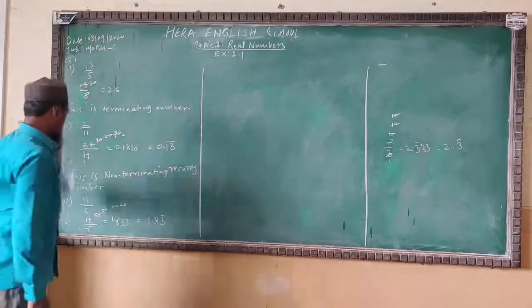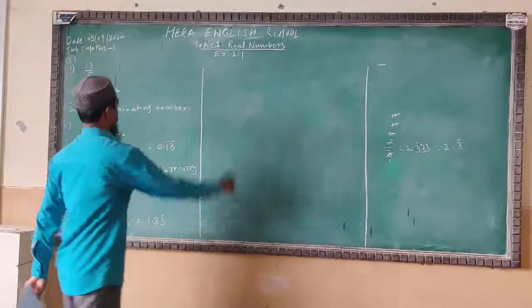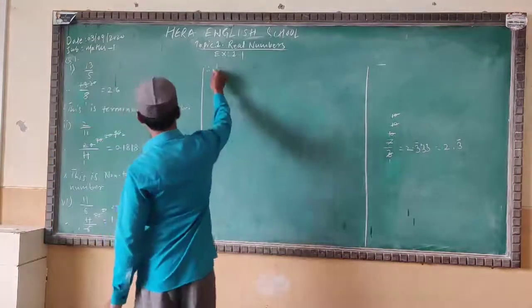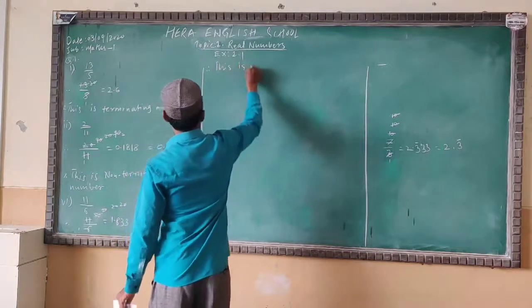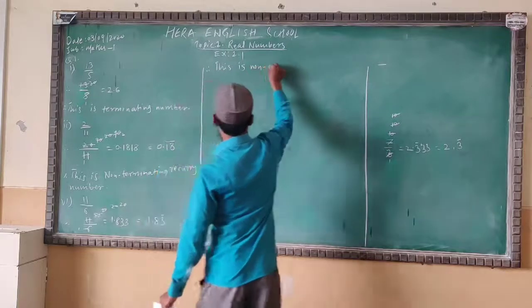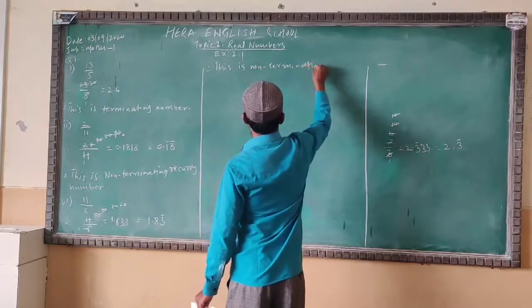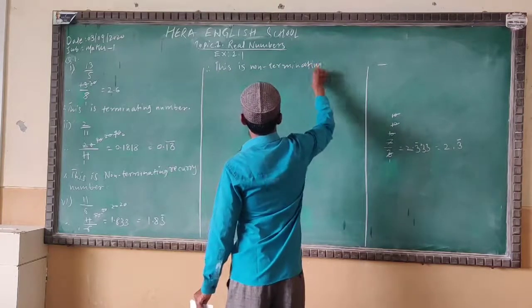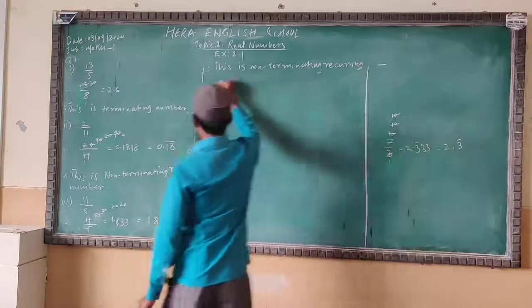So we can say this is non-terminating and recurring. Therefore the answer is that this is a non-terminating recurring number.